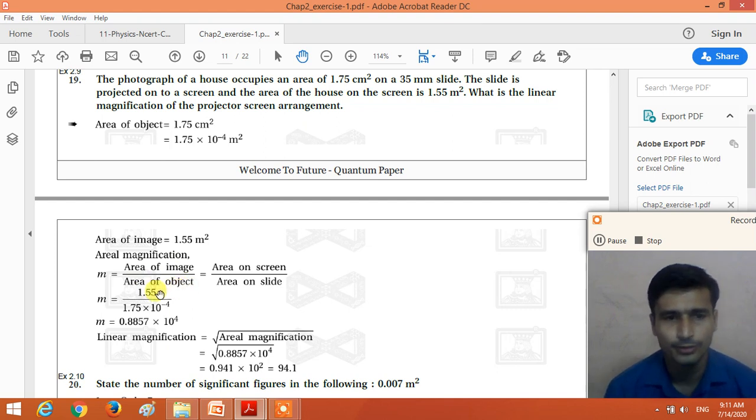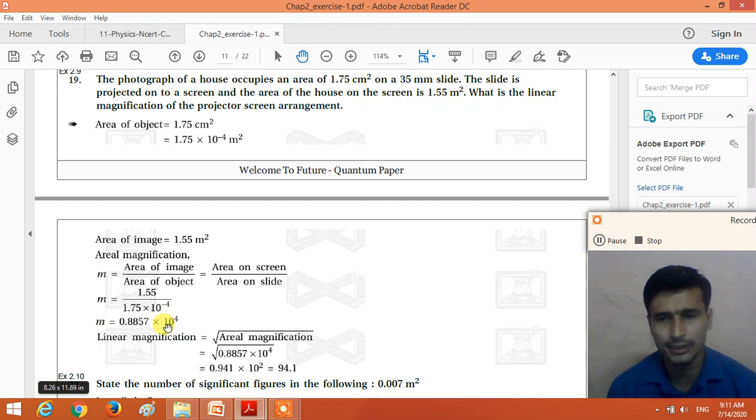So m is equal to 1.55 divided by 1.75 into 10 raised to minus 4. If you calculate this, we get m equal to 0.8857 into 10 raised to 4.